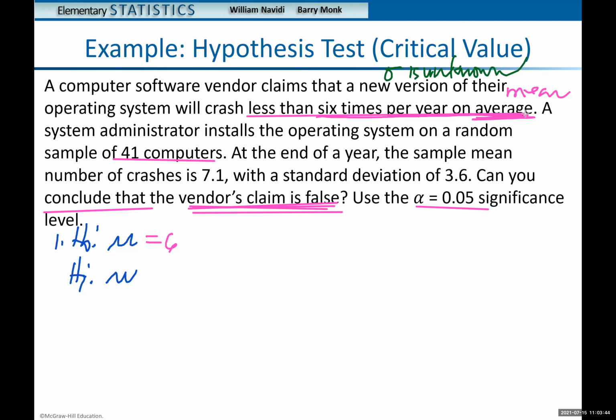So can you conclude that that is false? That means you have to take the opposite of that. So it's going to be greater than 6. The opposite of less than is greater than.